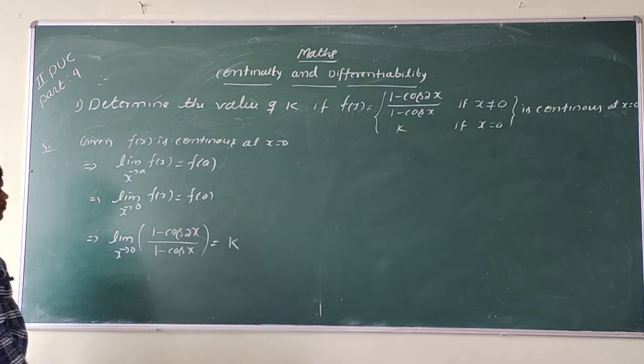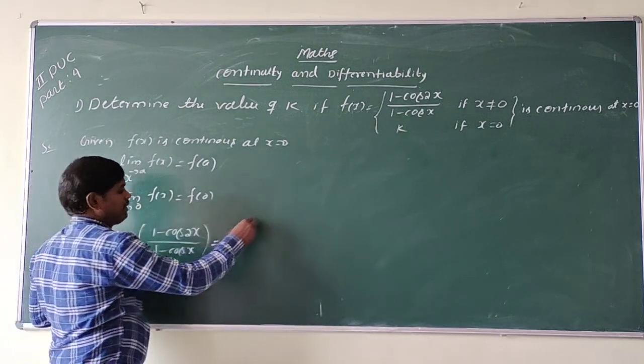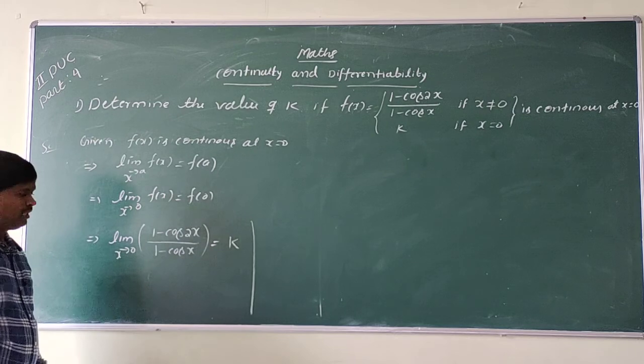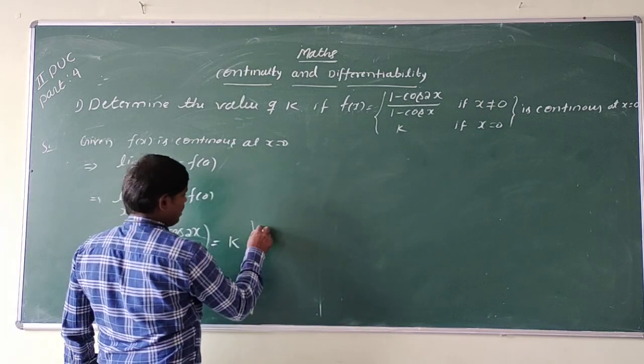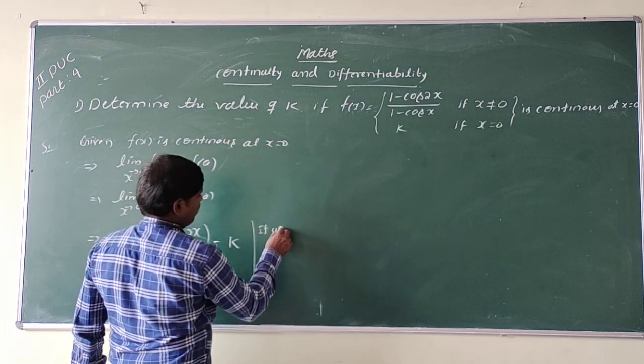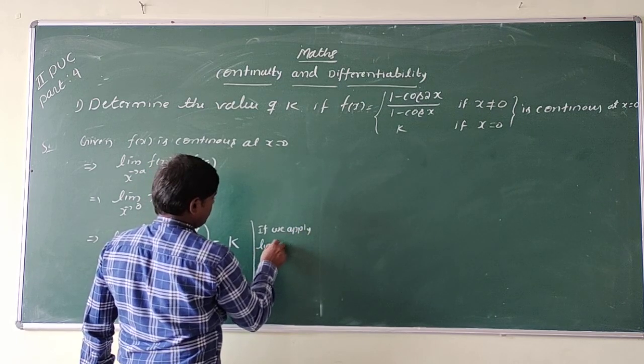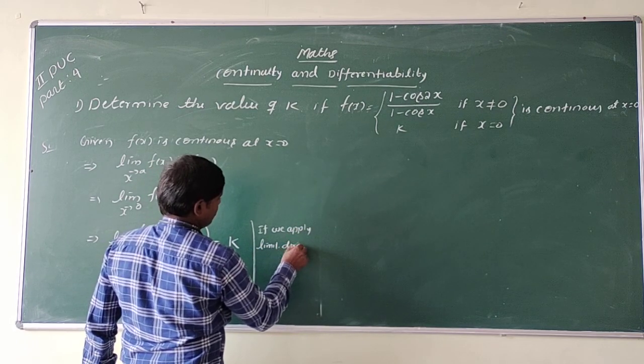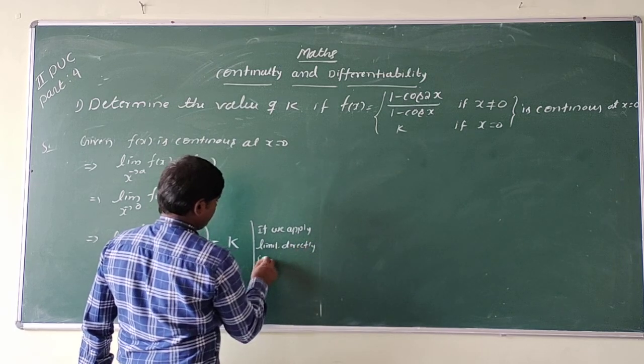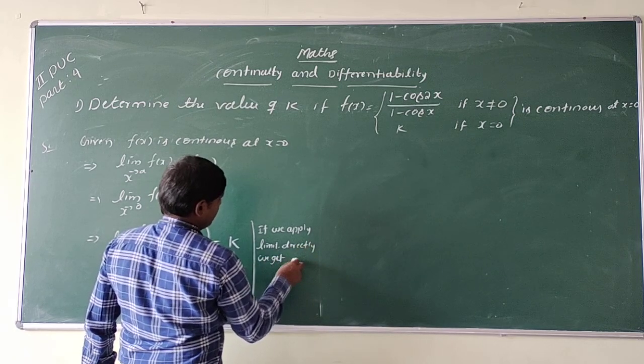Suppose we apply the limit directly, what happens? We get an indeterminate form.